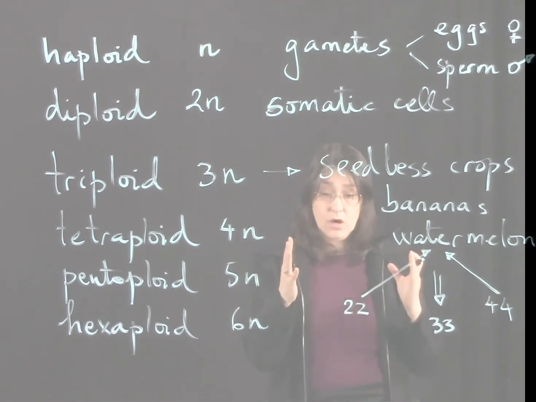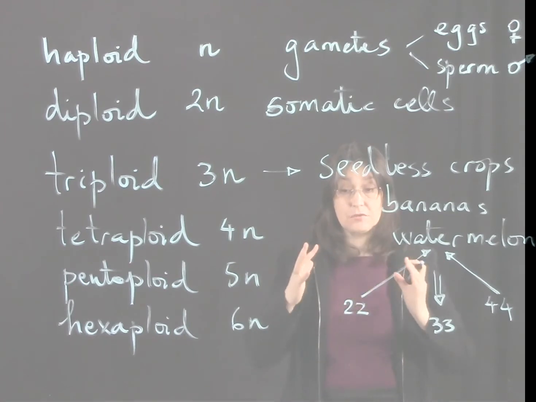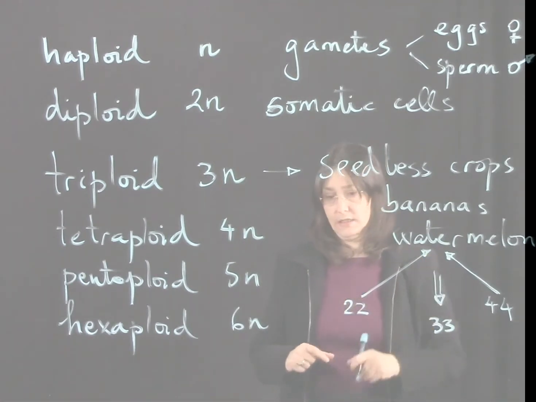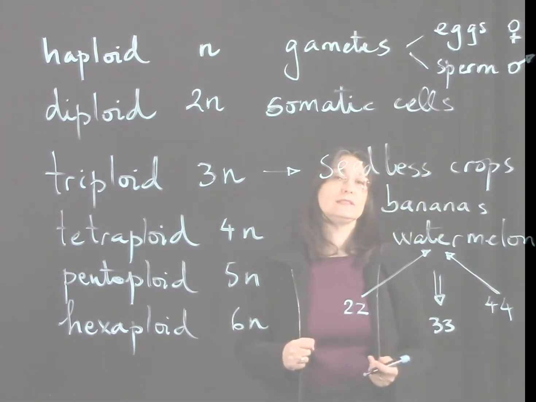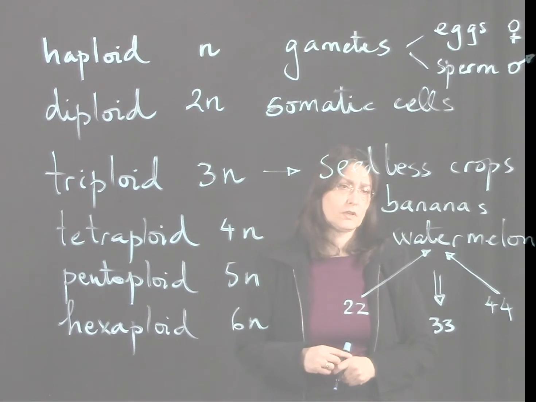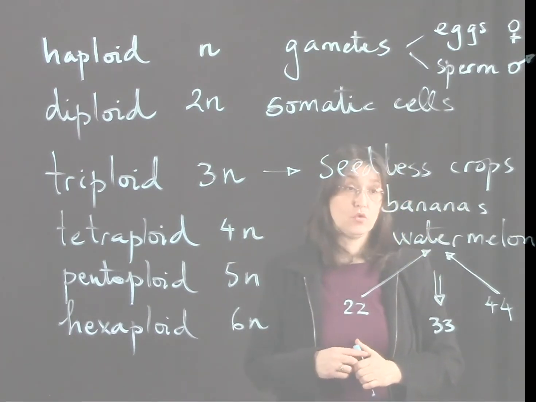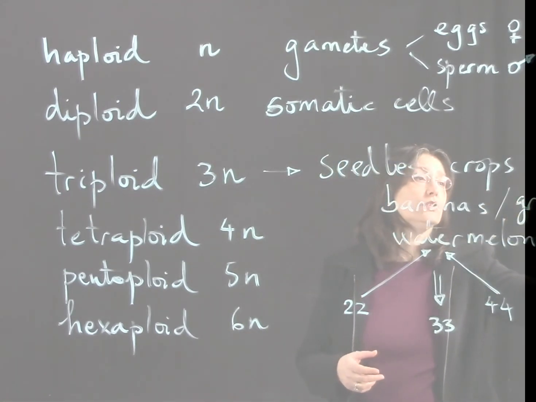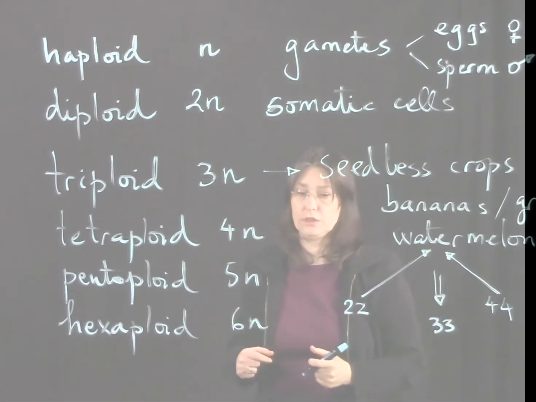When their chromosomes try to line up at the metaphase plate, you have three sets to line up, and that's not possible. That's why they're usually seedless, but also why occasionally seeds do occur. And it's clear why we want seedless bananas or seedless grapes and so on. You don't want to struggle with those seeds in your way or choke.